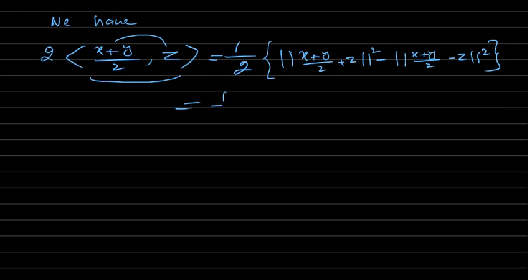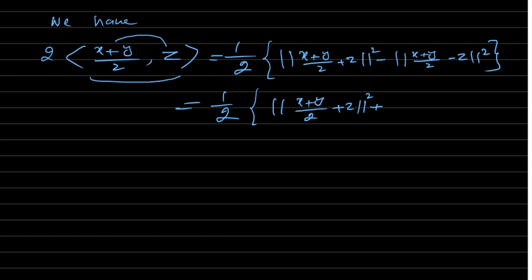It's equal to 1/2 norm of (x plus y by 2 plus z) whole square plus, that number which I am choosing here, it's x minus y by 2. Okay, x minus y by 2.